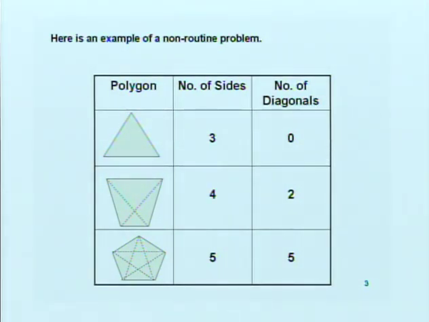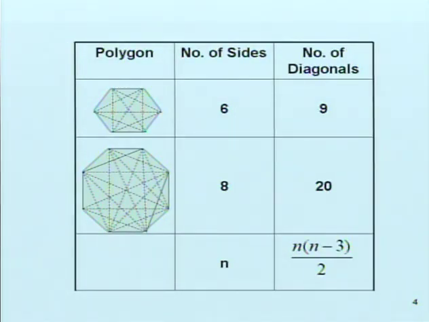The pentagon, which is the third shape, has 5 sides, and inserting the diagonals, we will find that in a pentagon we have 5 diagonals. In this slide, the first shape is the hexagon.